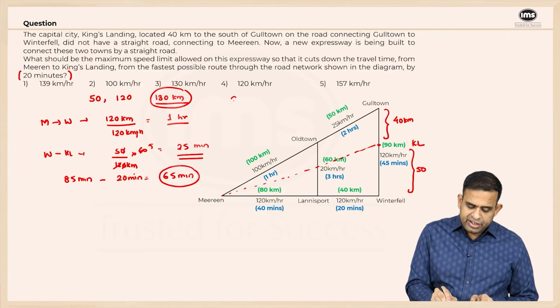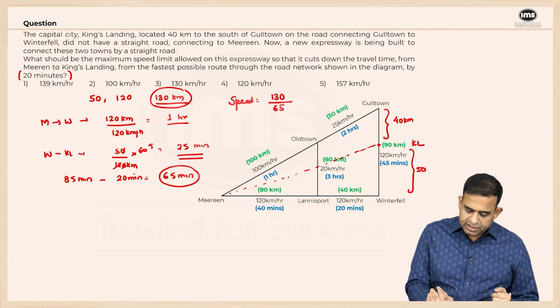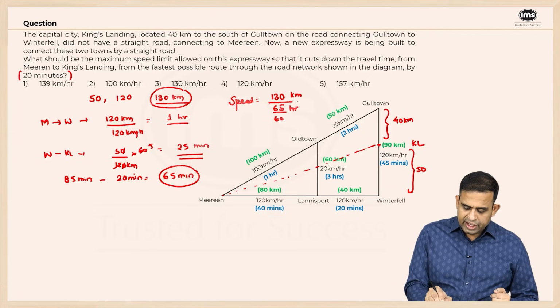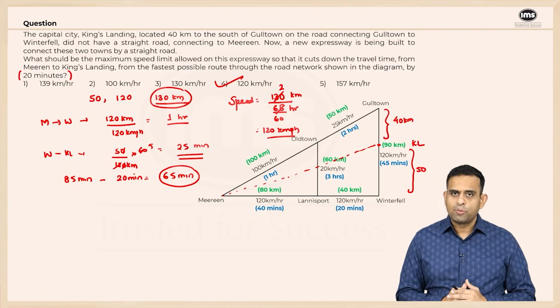So the required speed must be equal to 130 divided by 65 minutes, which translates to 65 by 60 hours. And if you simplify this, it will come out to be 120 kmph. So the required answer for this particular question would be option number 4.